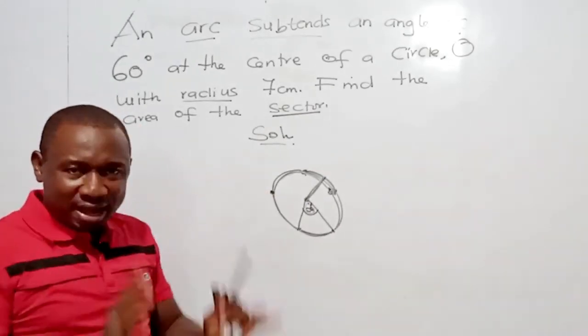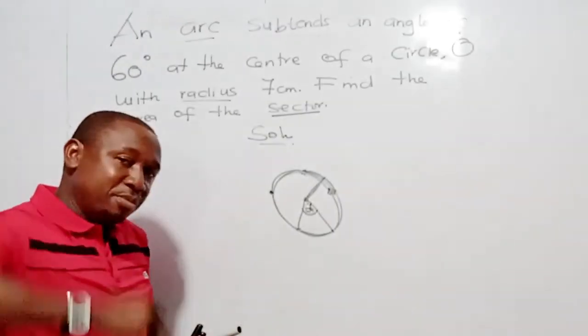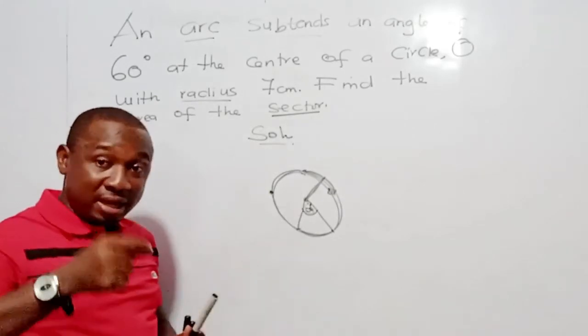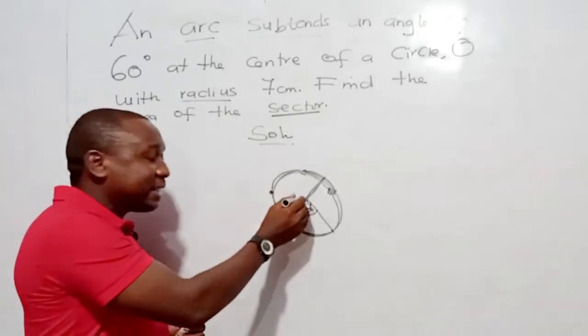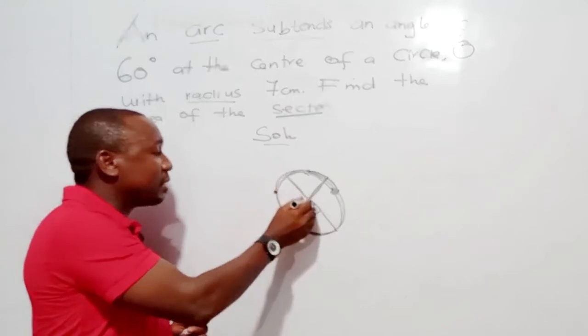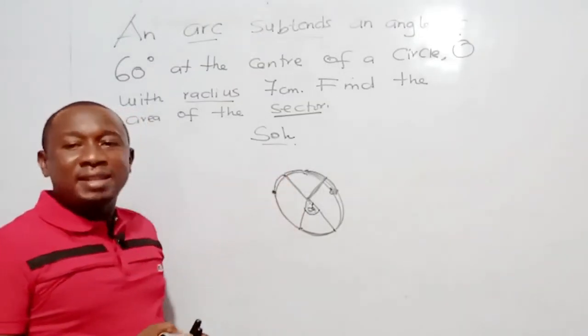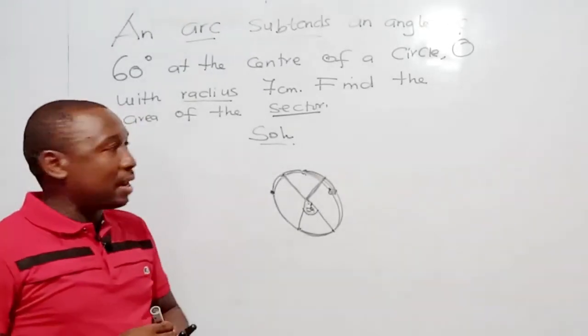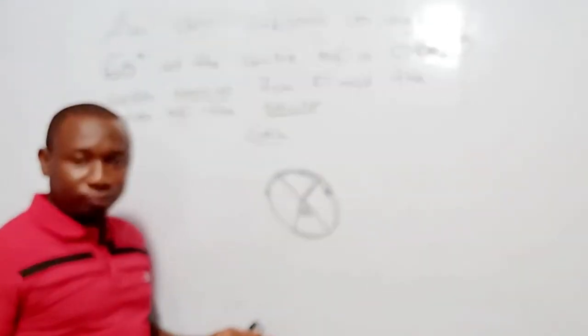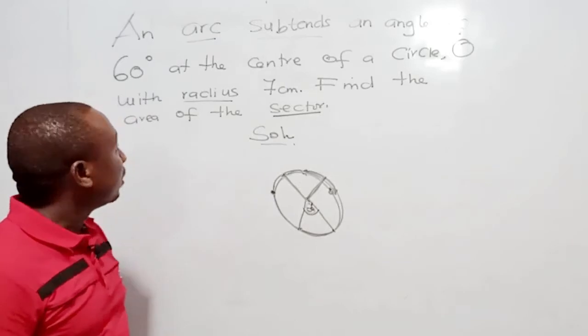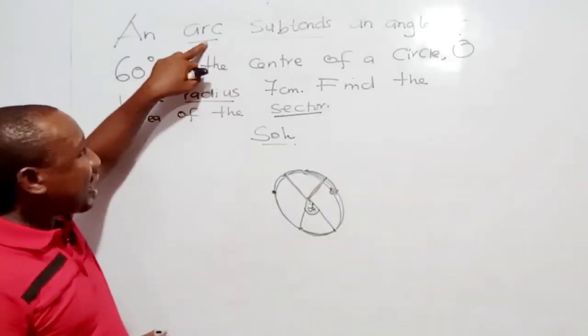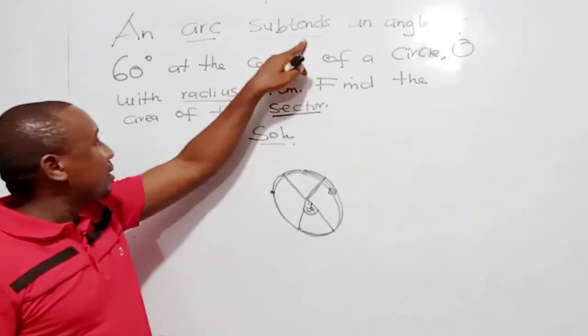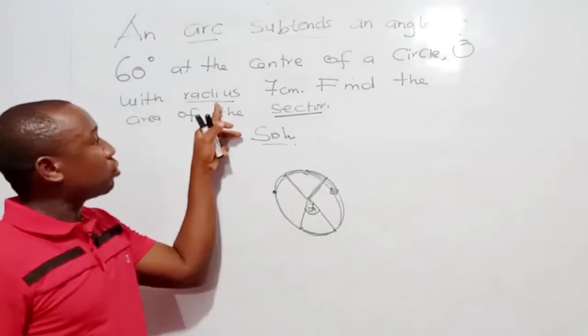Once the line emerges from the center of the circle to touch any part of the circumference, that line is called a radius. Okay. So we understand what we mean by arc, subtends, radius.